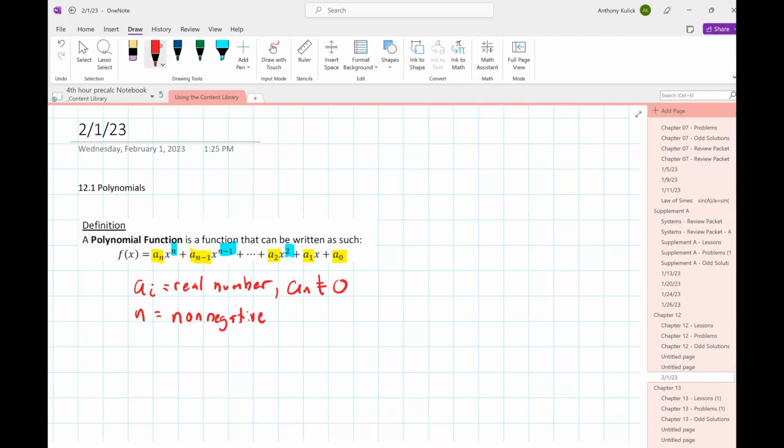Non-negative includes 0. And they have to be whole numbers. So a polynomial is just the sum or difference of a bunch of a number times a variable to a non-negative power. You can add and subtract as many as you want, as long as it's finitely many, and we'll call that a polynomial.